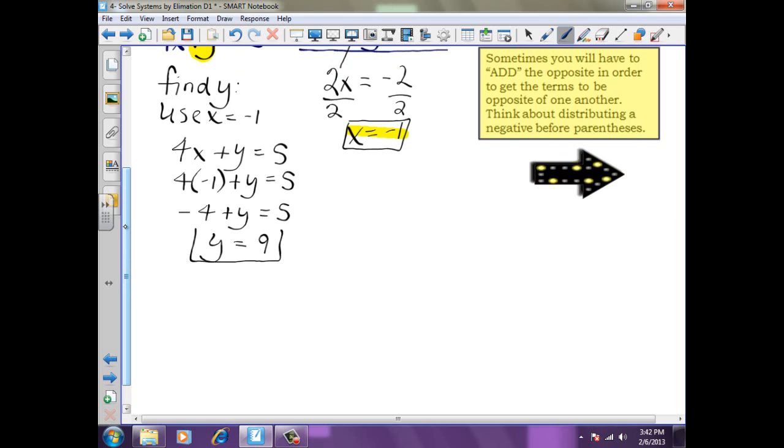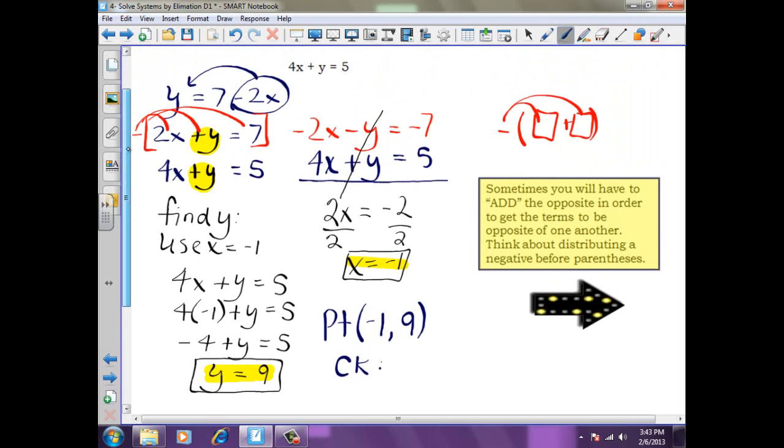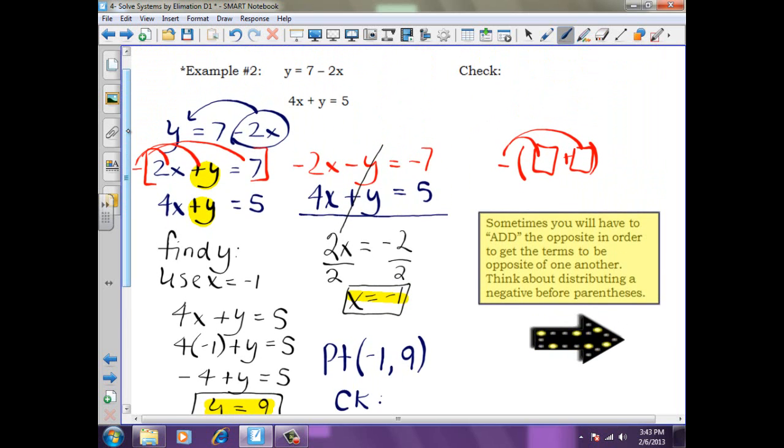And let's check this point. I now have a point that is negative 1, 9, and I want to check it. I think I gave you plenty of space, and we're checking it in the original equation.